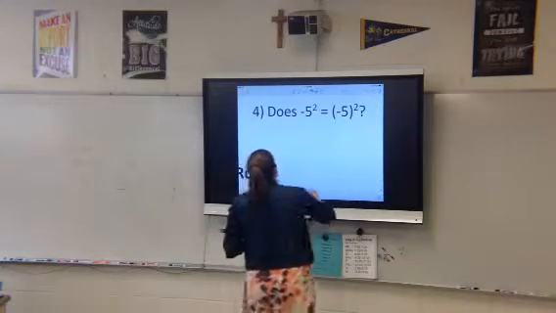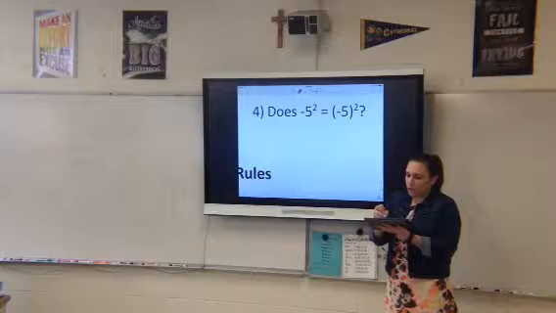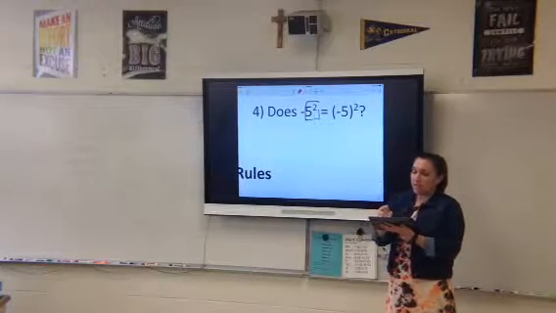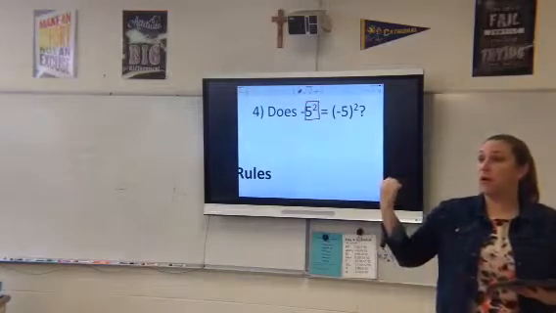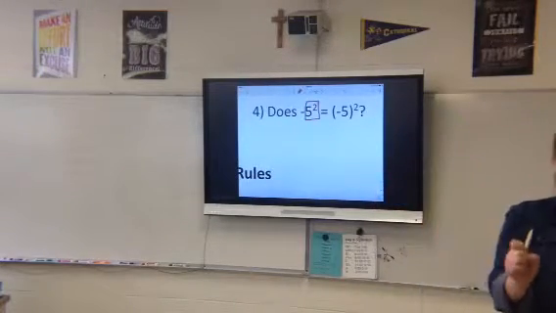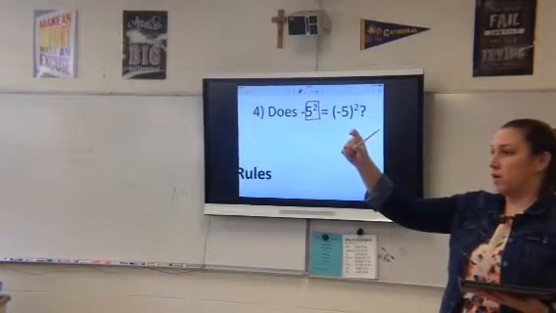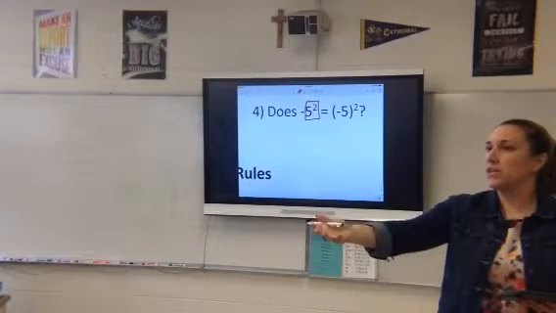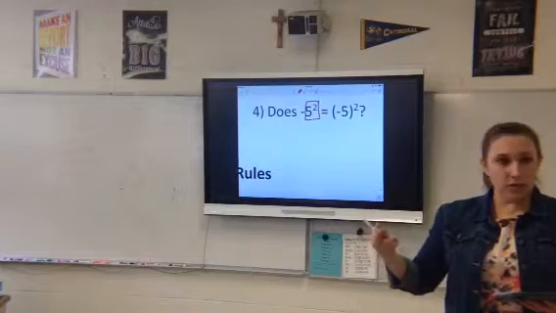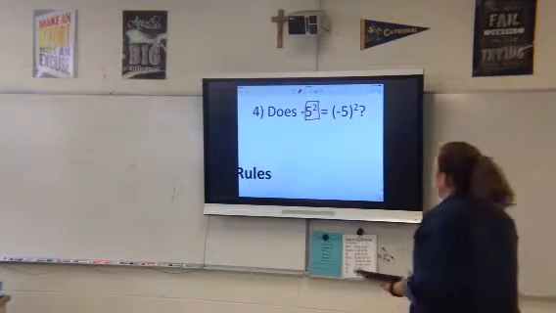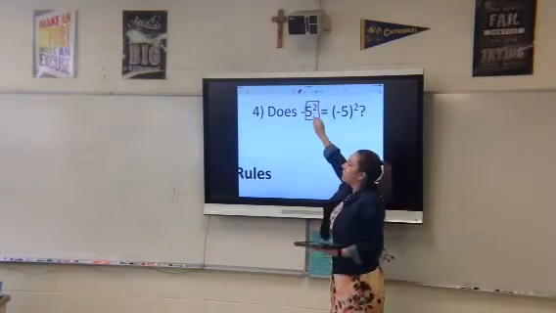What some of you guys were trying to say, I think Sam was trying to say, and even Tessa, is if we look here on this first problem, there's a negative, there's a 5, and there's a square. If we think about order of operations, according to PEMDAS, you do exponent first, right? So you are squaring the 5.